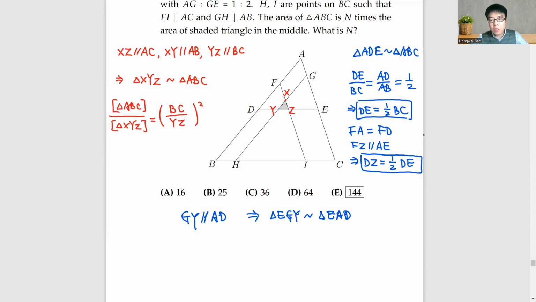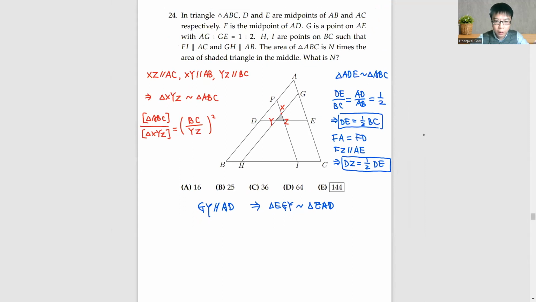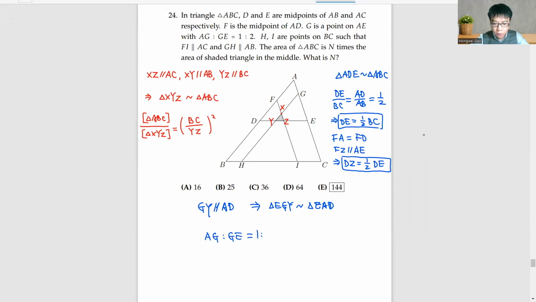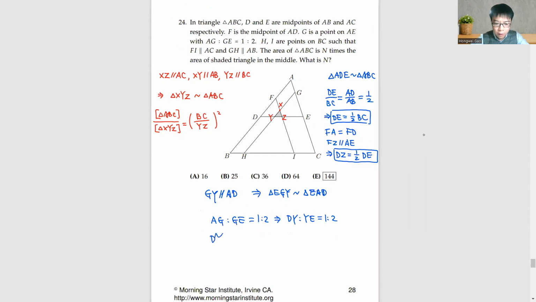Okay, because we know the location of G, we can find the location of Y accordingly. So AG to GE is 1 to 2, that's given. This also implies DY to YE is also 1 to 2. So we know the location of Y. That means DY is 1/3 of DE. One-third of DE.